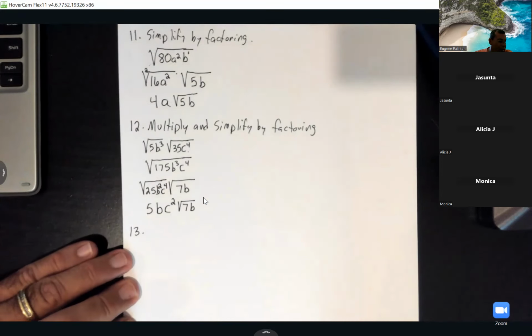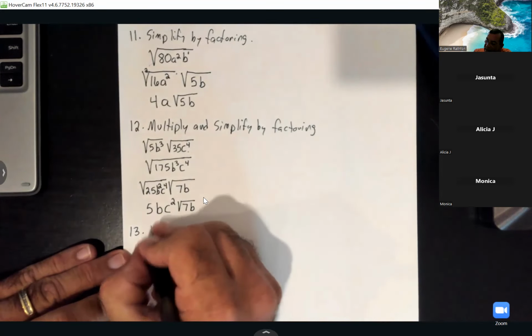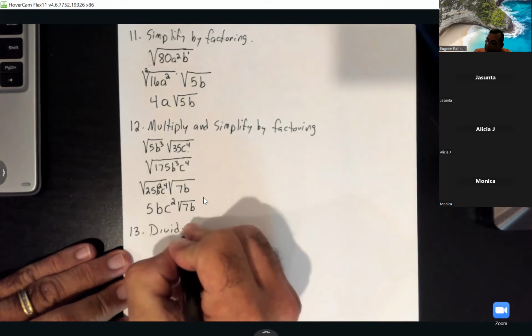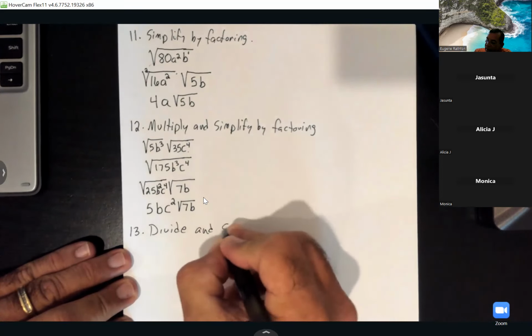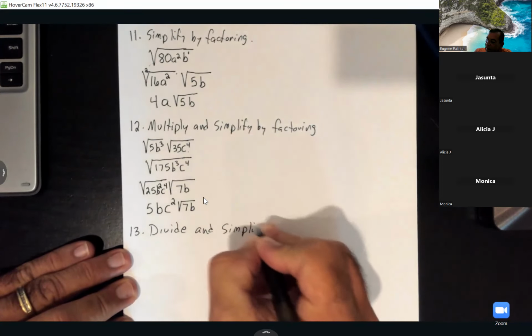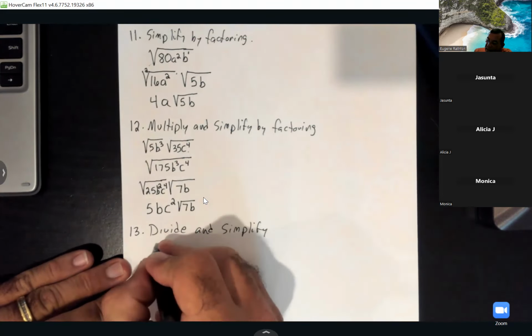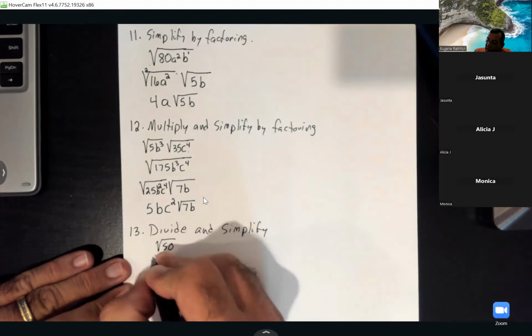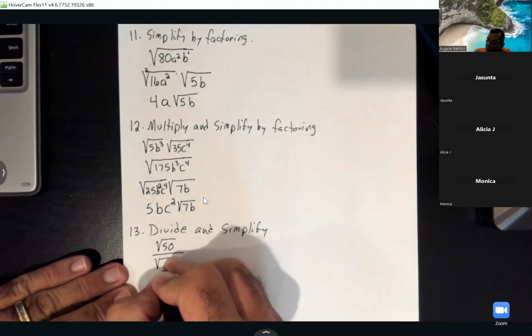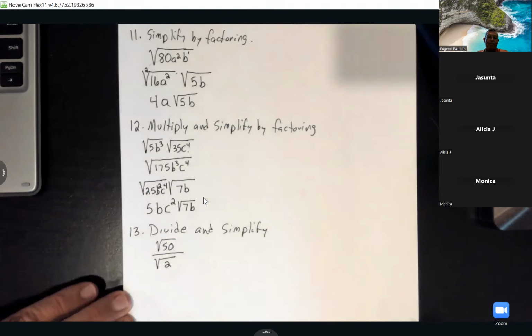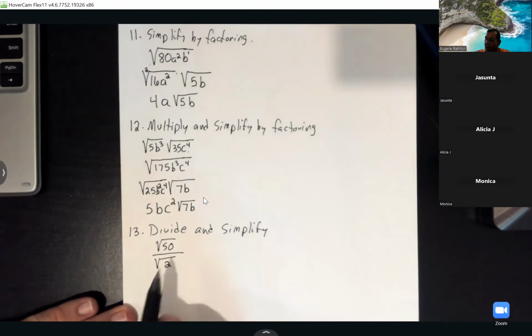Hey, y'all, number 13 says divide and simplify. So I have a square root of 50 over a square root of 2. All right, since both these numbers are under the radical, I can actually divide them.